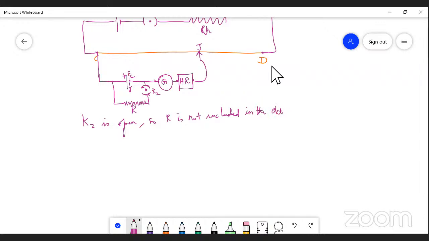Fine. If K2 is open, so R is not included in the circuit. So only the cell of EMF E is there in the second circuit.